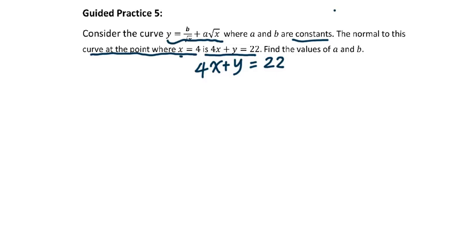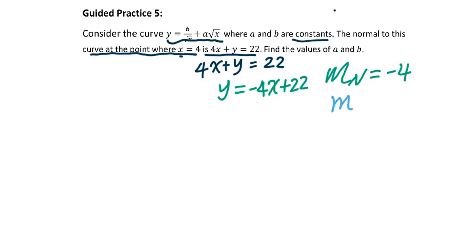You need to figure out the slope of the normal line. So we change this one into mx plus b form: y equals minus 4x plus 22. You can see this slope is negative 4.